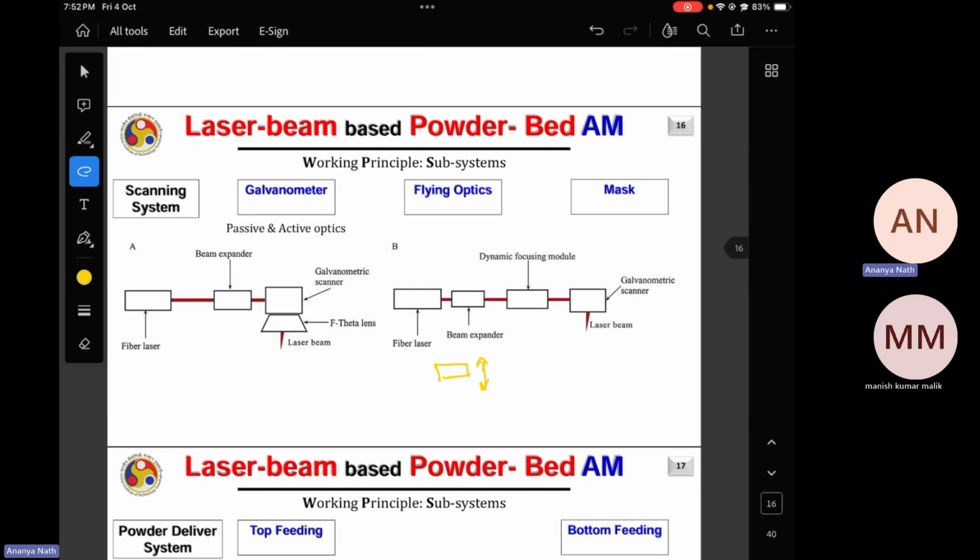Because if the build plate is 250 by 250 like this, and your laser beam is coming from the top, it is focused, but when it moves to this position, it is not focused. It has a much bigger length, and when it moves to this position, even this is not focused, even this is not focused. So this should not be the case.